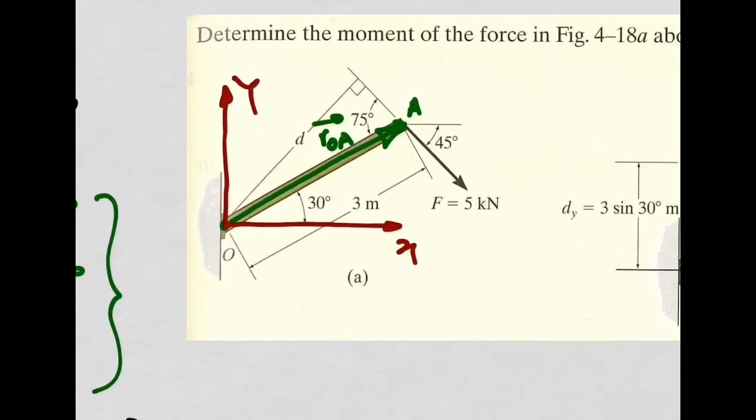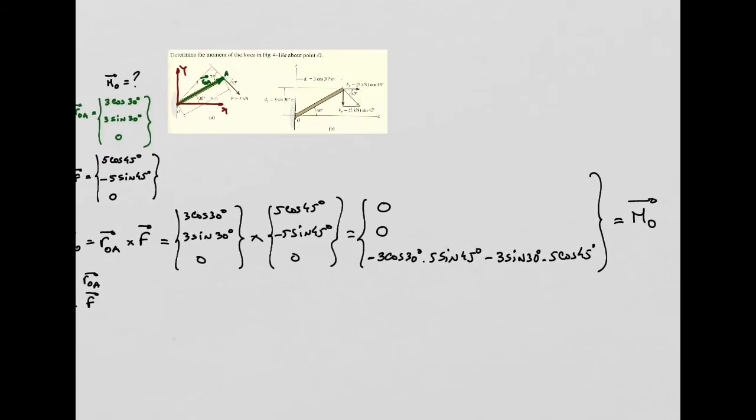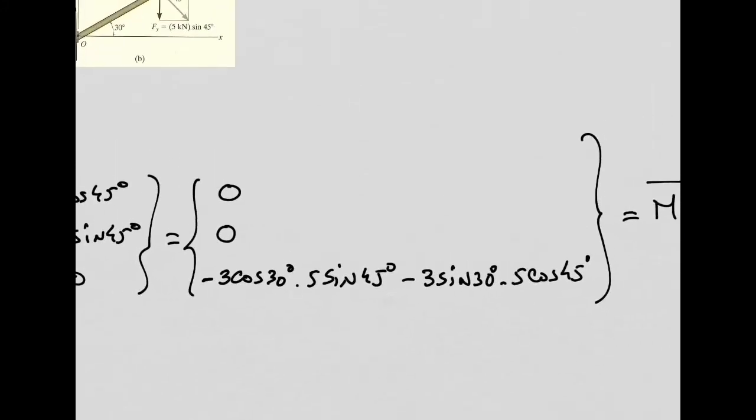If you look at this figure, the position vector and the force vector are both in the xy plane, so the only option for the moment to be perpendicular to these two is to be a vector with a component in the z direction only. And this is confirmed by the result of the cross product. You only have a component in the z direction, which is the moment, okay?